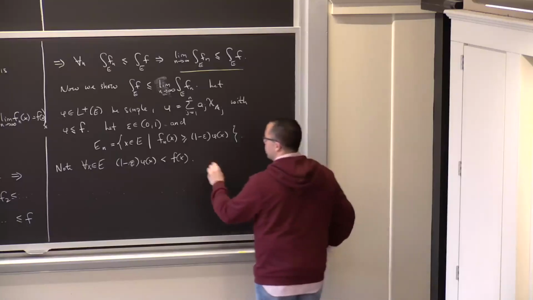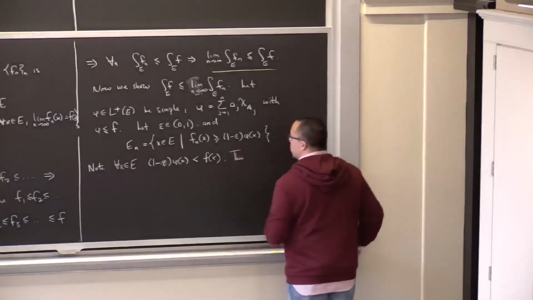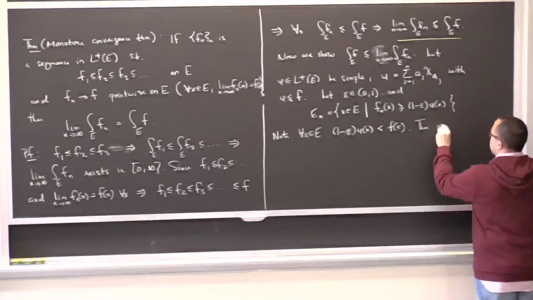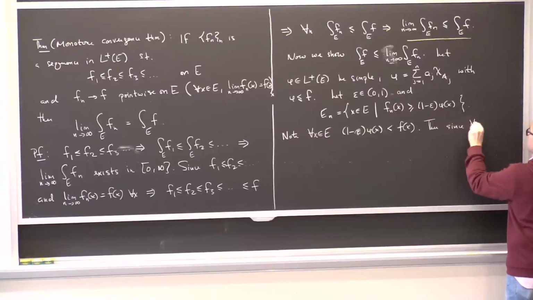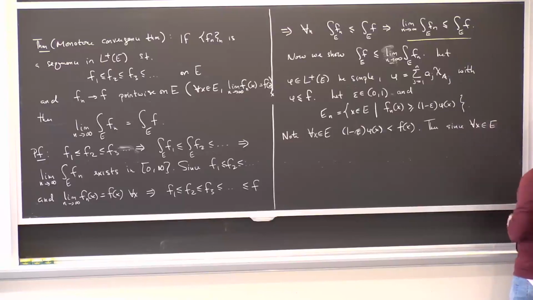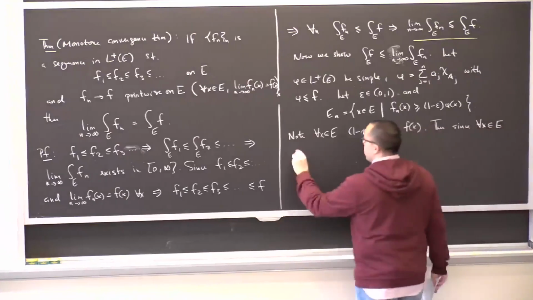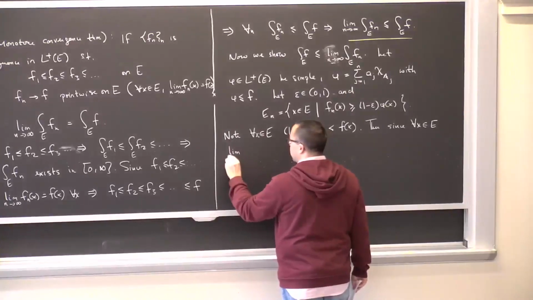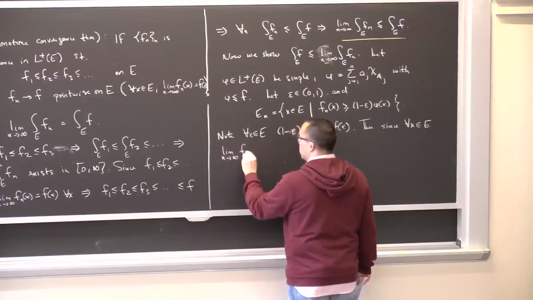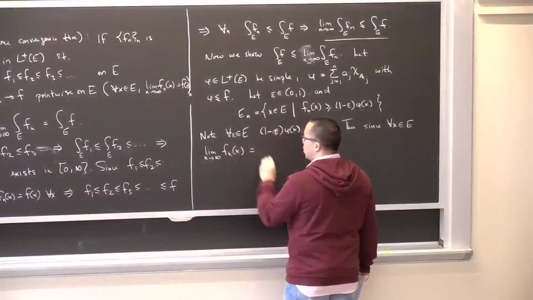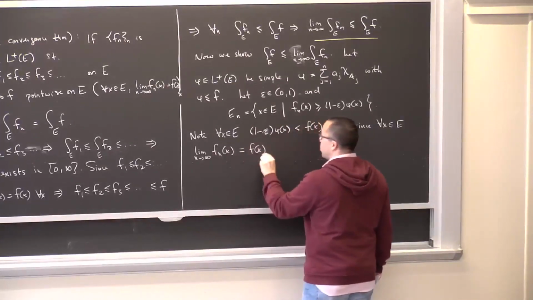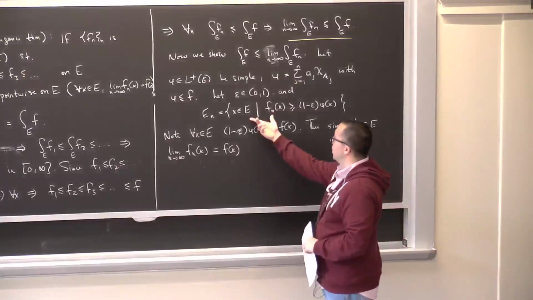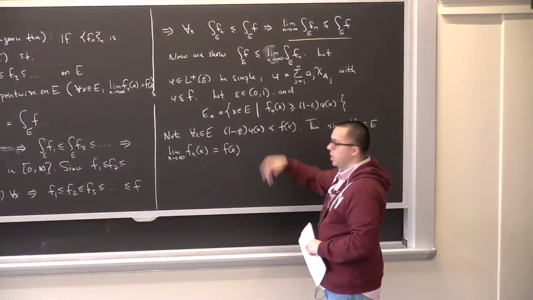So in particular, then since for all x in E, I have fn of x converging to f of x, this implies that every x must eventually lie in one of these E sub n's, right?